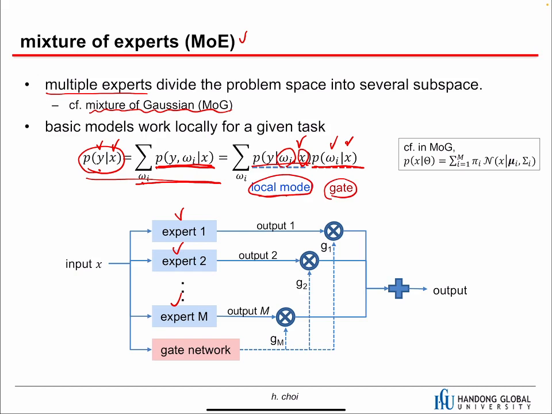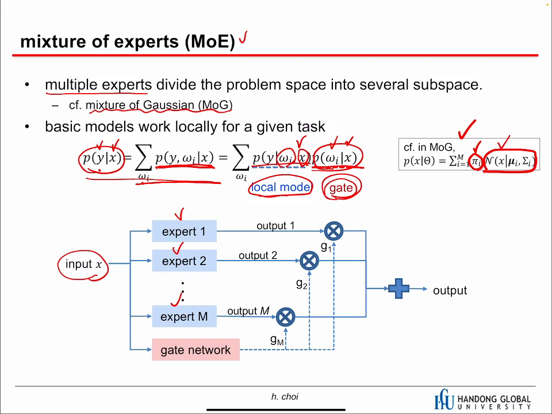Okay, look at this one. This one is a mix of Gaussian. So we have a probability here and we have a pi, which is the weight of this distribution. But this pi is not a function of the x. In the mix of experts, this gate is a function of x.